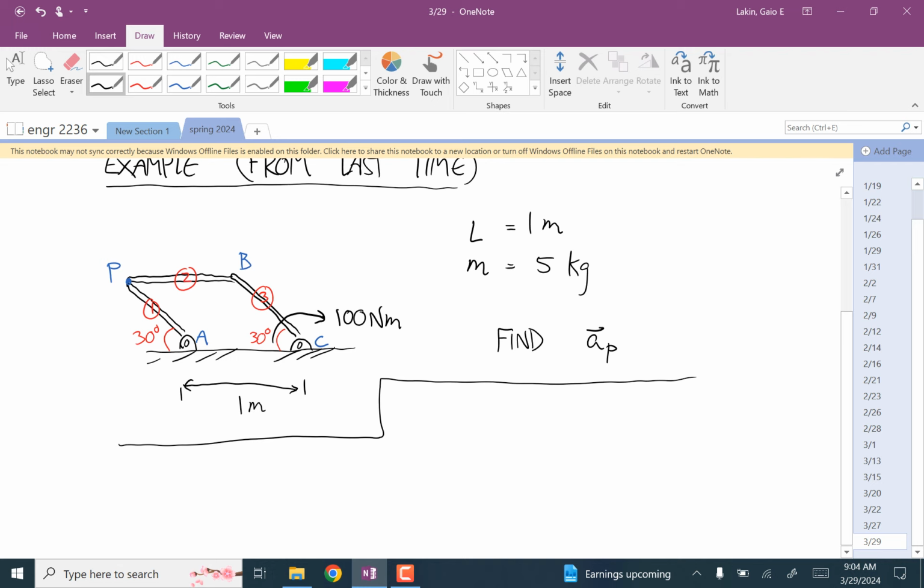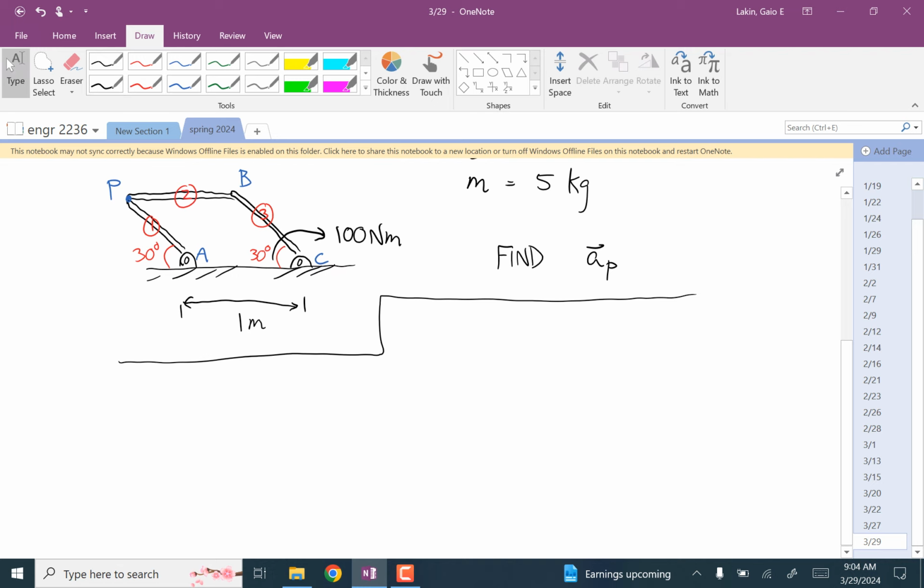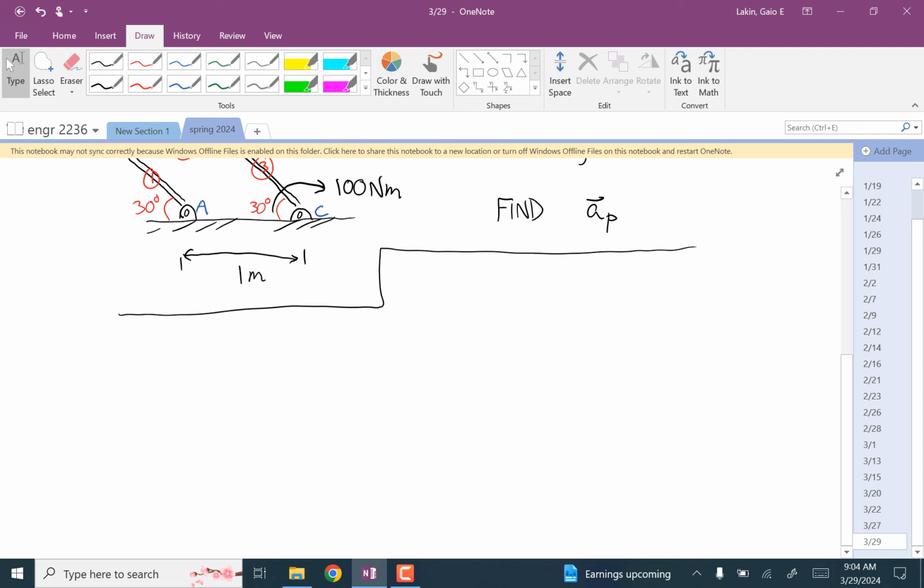What we finished last time was the rigid body analysis of each of those 3 members, and we came up with 5 equations from that.